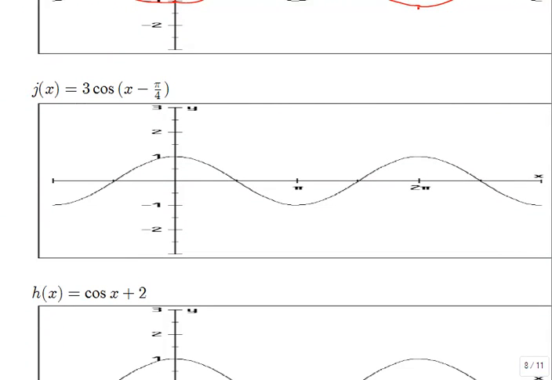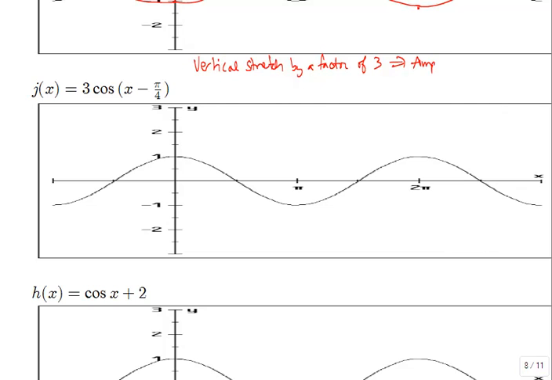Alright, now we're going to get a little more complicated because I see that horizontal shift happening right here. There's no b. The b here is just a 1, which is important. That means my period is not going to change. I do have a 3 out front, which is a vertical stretch by a factor of 3. And all that affects is my amplitude.